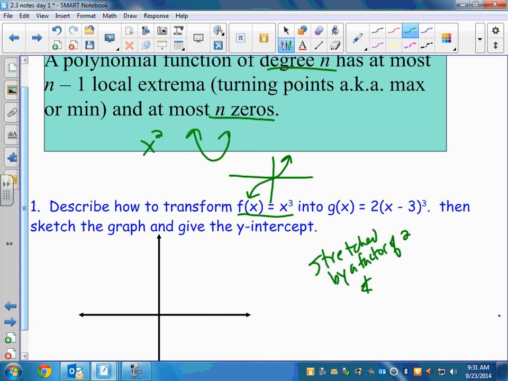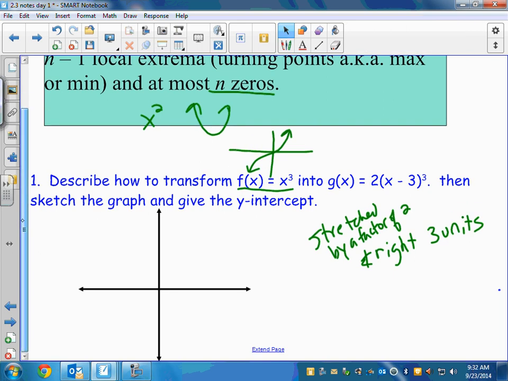Left or right, and because it's minus, it's actually right 3 units. If it's outside the function, it's up or down. All right? It does ask you to describe it, so you kind of need to know it. If it just asks you to sketch it, it's not required that you have to say that stuff, but it's nice to help you when you're graphing it.